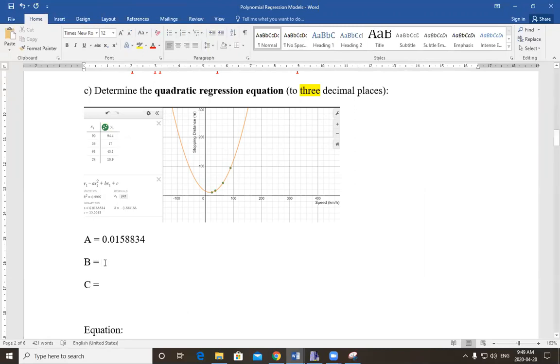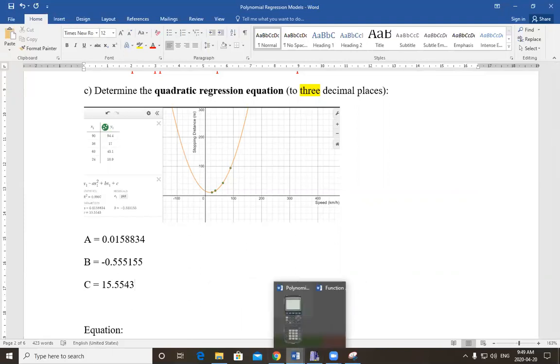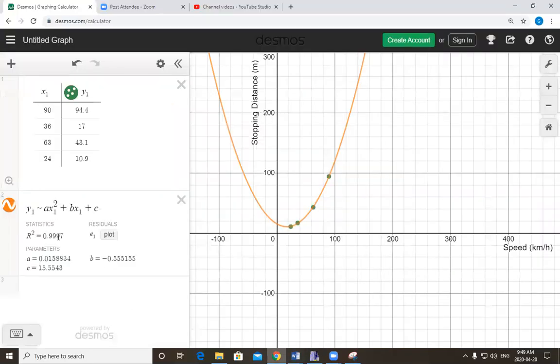The B value is negative 0.555155. And the C value is 15.5543. If you go back, we'll look at the R squared. It's 0.9997, so 99.97% accurate. All right, so pretty confident that this approximates a quadratic model.